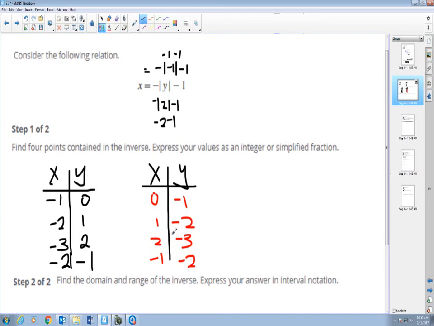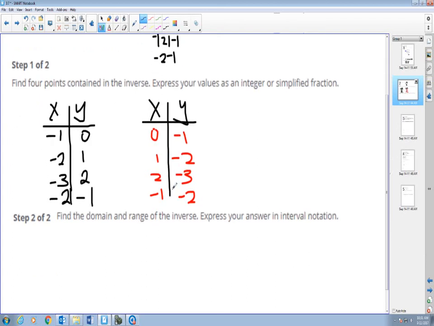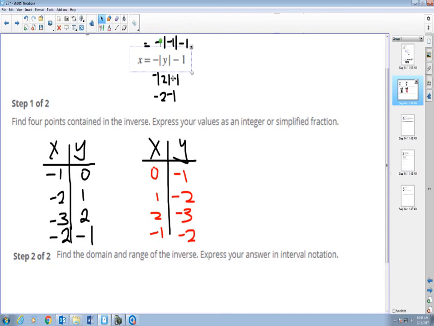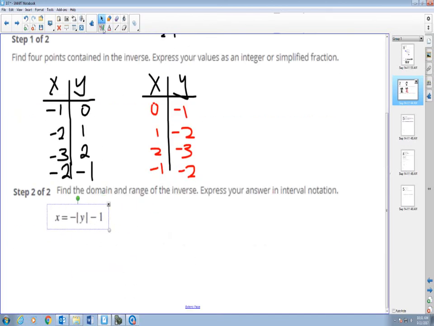So remember, if I can interchange between the x and y coordinates, I can also interchange between the variables as well. If I interchange between these two variables, that would actually be y equals negative absolute value of x minus 1.